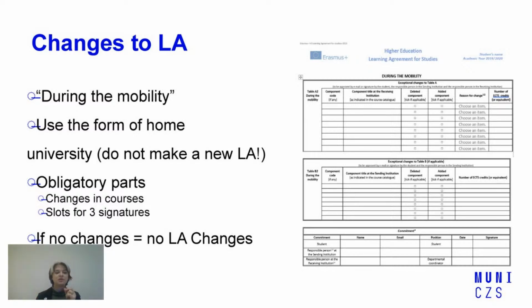The important thing about this, we need to have at least two parts of this, and one of them is this table with all the information that we're asking you to fill out and supply, and then the other one is the tiny little table at the bottom of the picture for signatures, and it needs to have place for your signature, for the signature of our coordinator, and your home university coordinator.